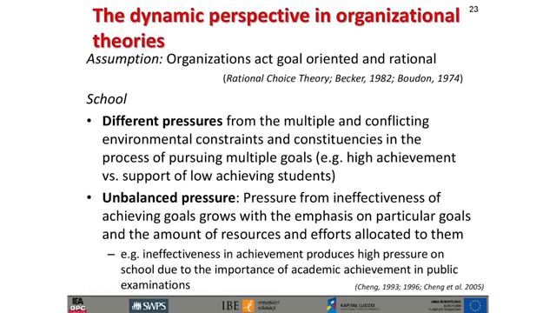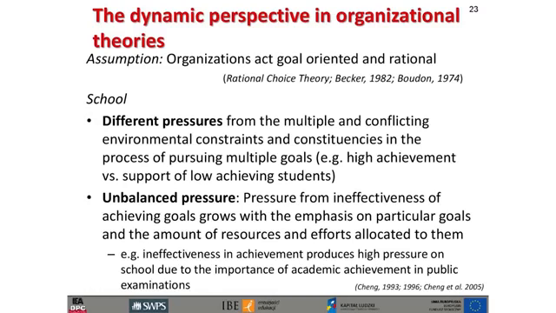And of course, it is considered that a school has different pressures from multiple and conflicting environmental constraints and constituencies in the process of pursuing multiple goals. So this basically describes the recent situation of schools.